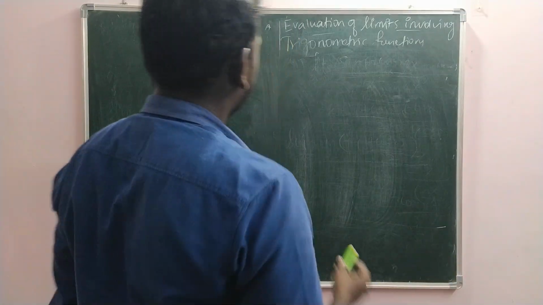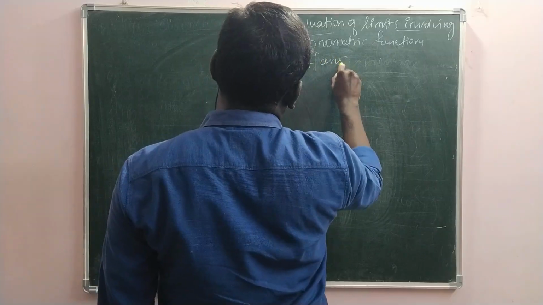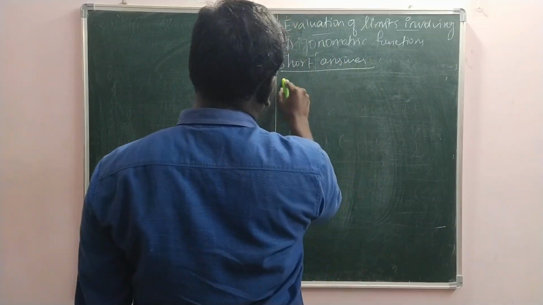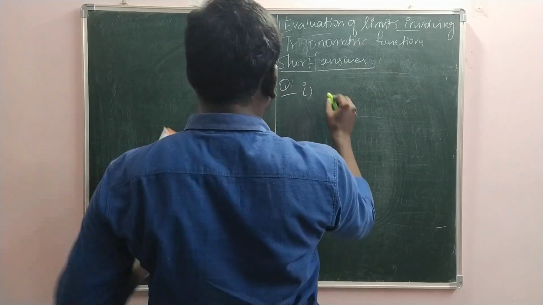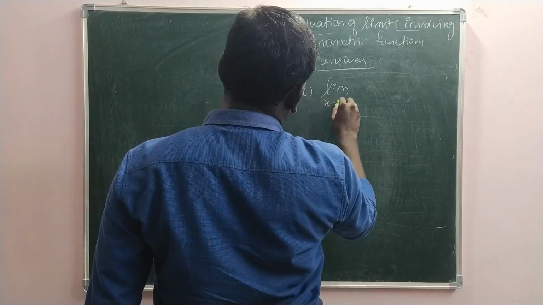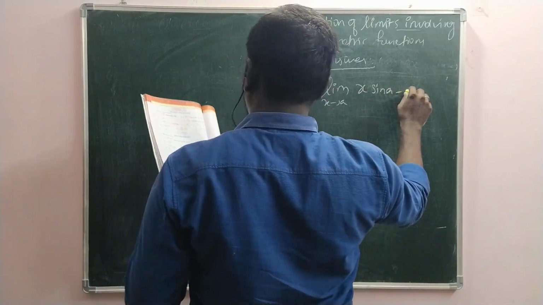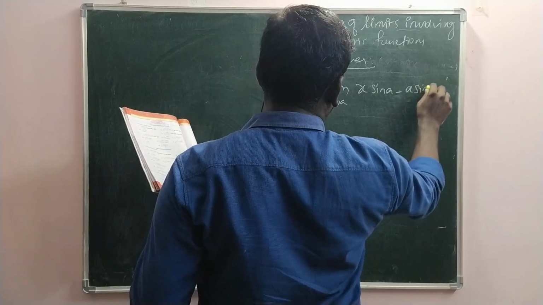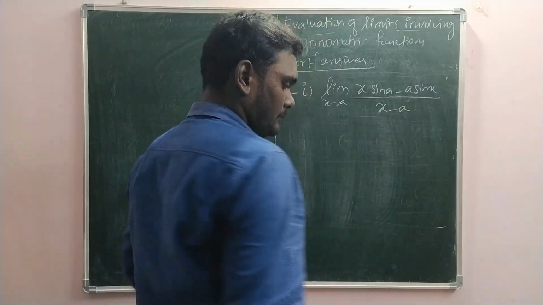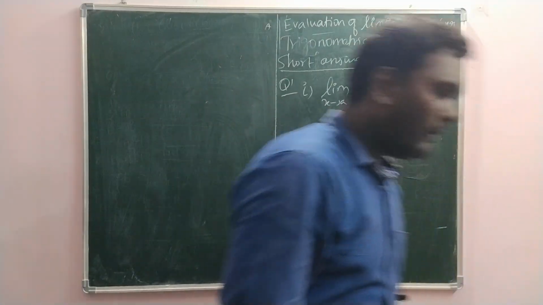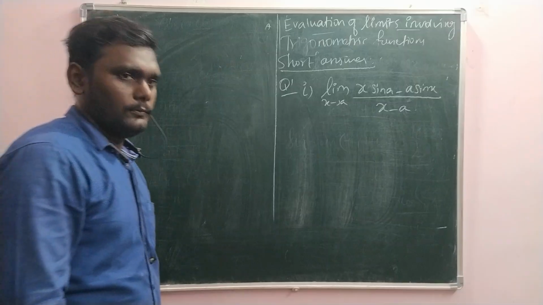Okay. And then this, the short answer questions. First question, first subdivision: limit x tends to a, (x sin a minus a sin x) divided by (x minus a). Now if you apply the limit directly, what we may get? 0 by 0.